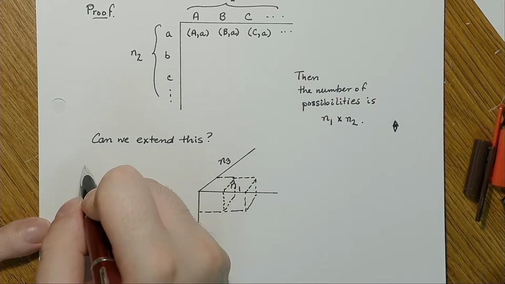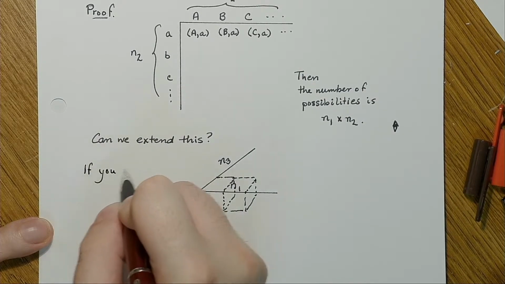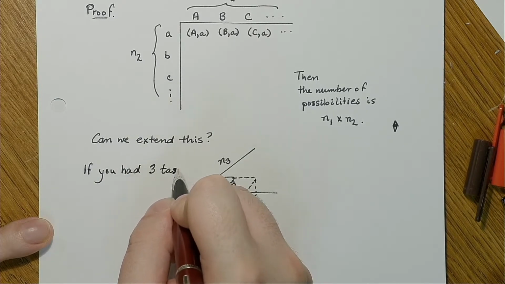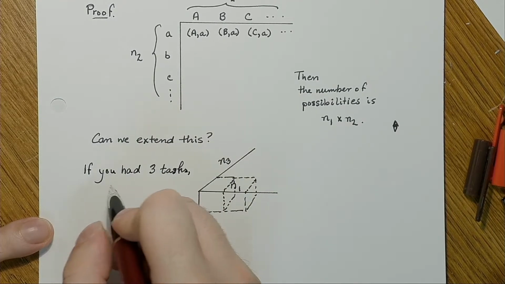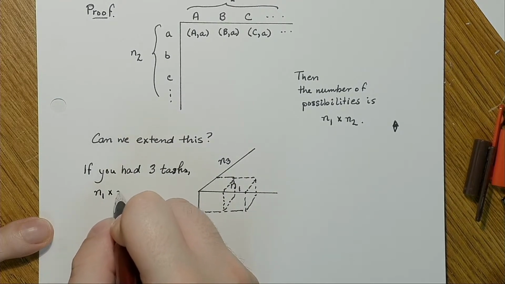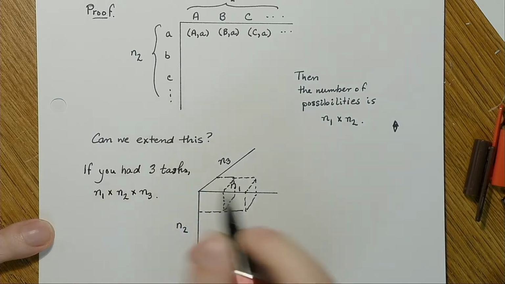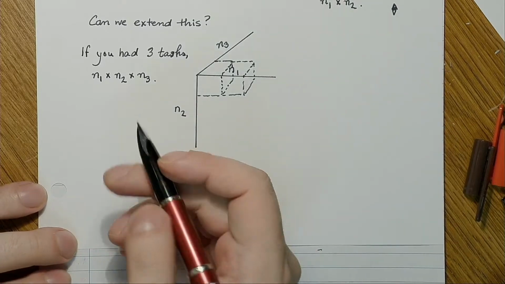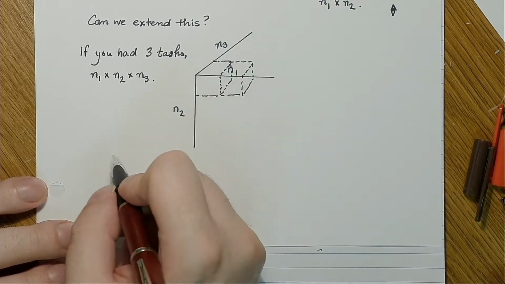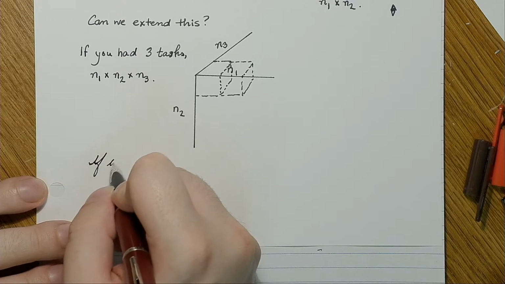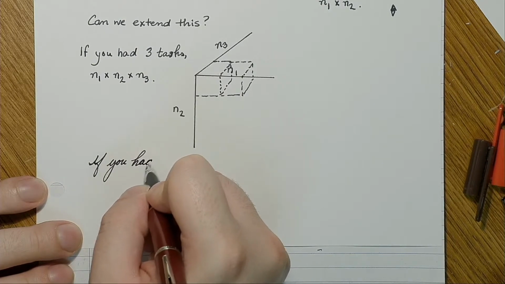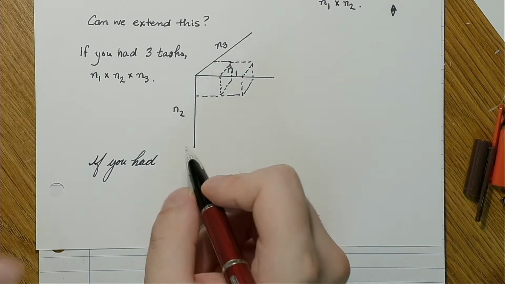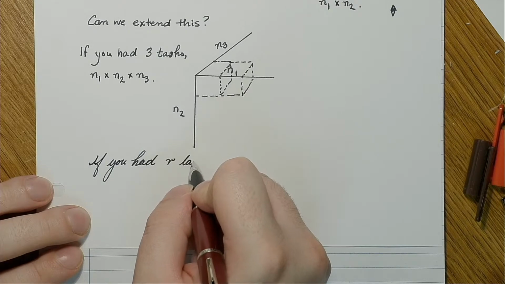So if you had 3 tasks, then it would be N1 times N2 times N3. And if we keep going further, let's say R tasks, so R many tasks.